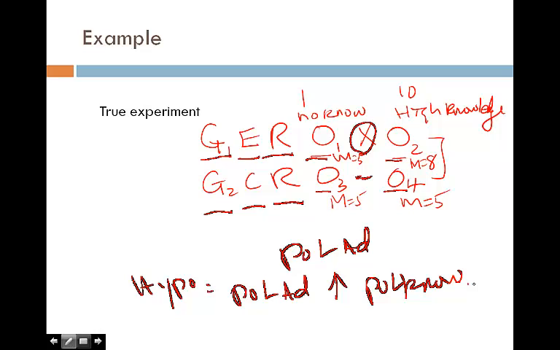Let's say political knowledge is measured from 1, which means no knowledge, to 10, which means high knowledge. We want to see whether the treatment, the political advertisement, can increase political knowledge.